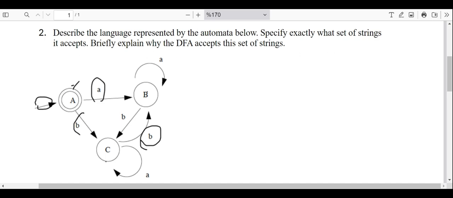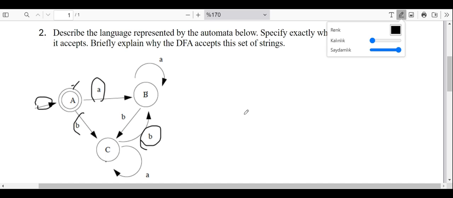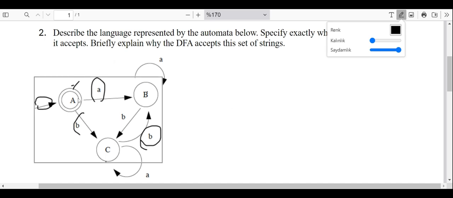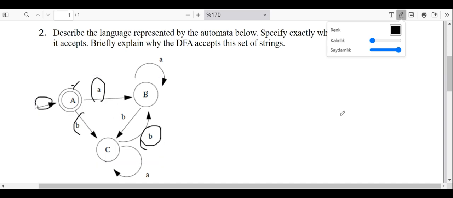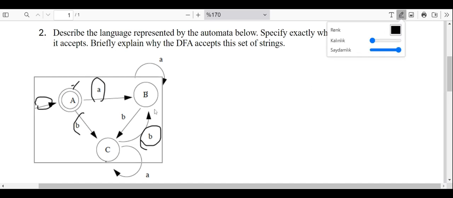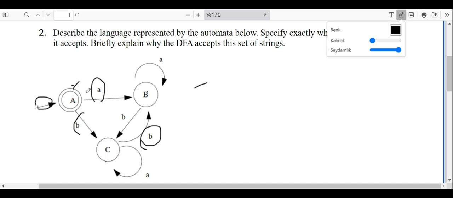Okay, and let's determine the accepted language. Since A is the accepting state, a string is accepted when it is empty or when we return to A. To return to A, we must use an even number of B's, where even means 0, 2, 4, like that.